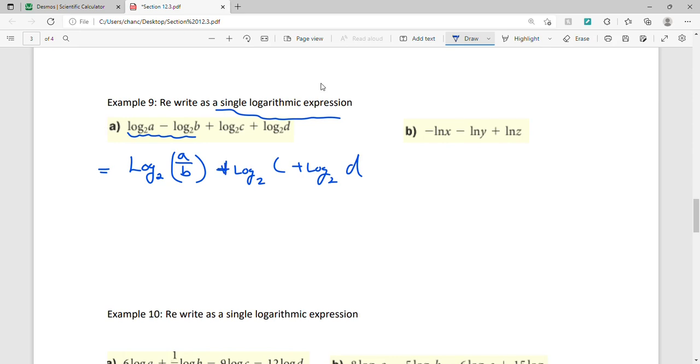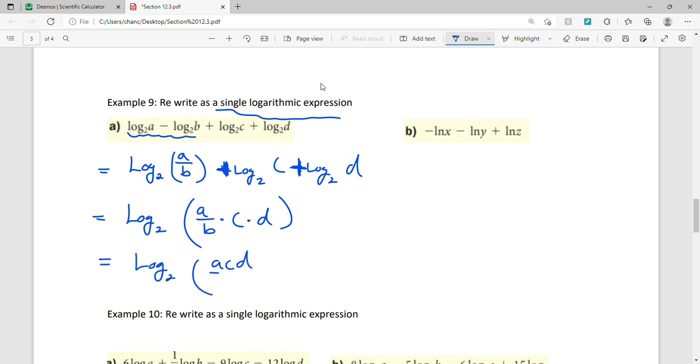Now we have all additions, and that means we could use the product rule. This is equivalent to log base 2 of a over b times c times d, and that simplifies to log base 2 of ACD divided by b. We just multiply straight across when we're multiplying fractions.